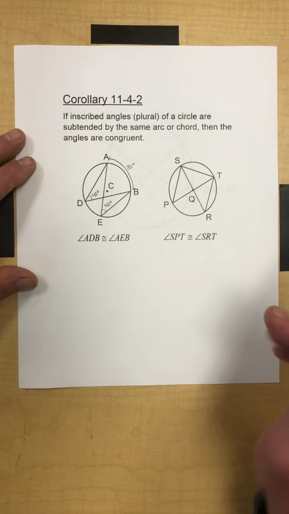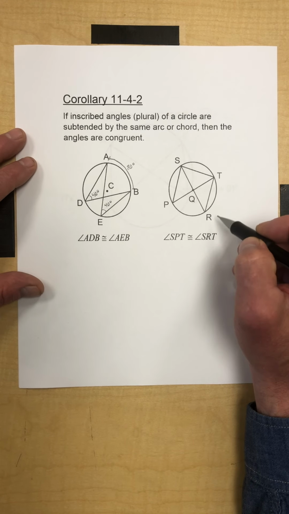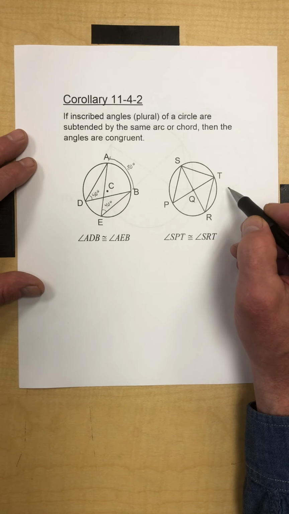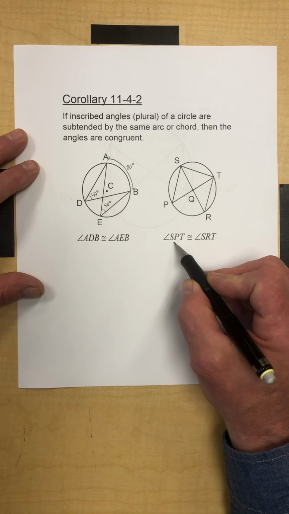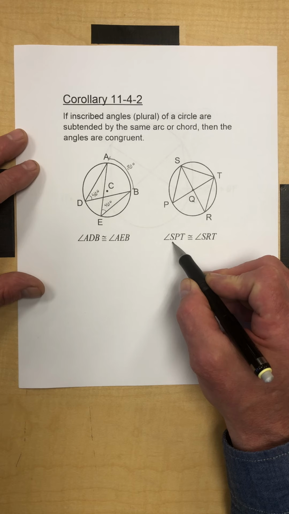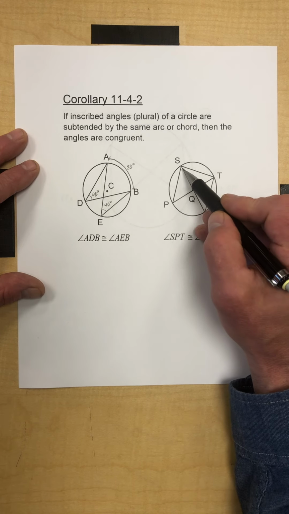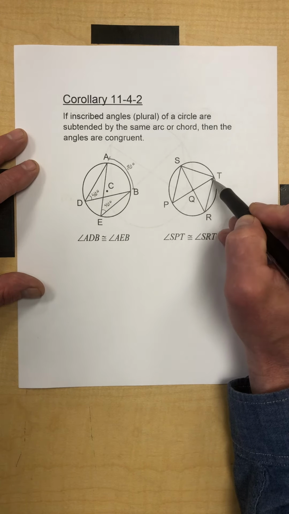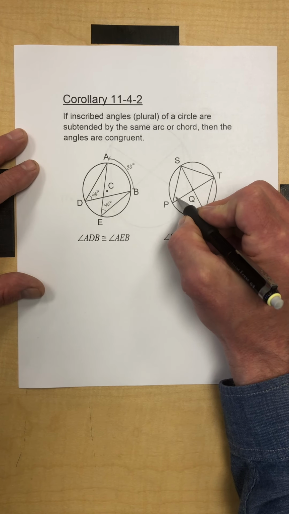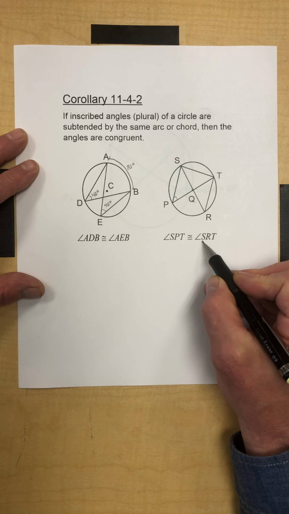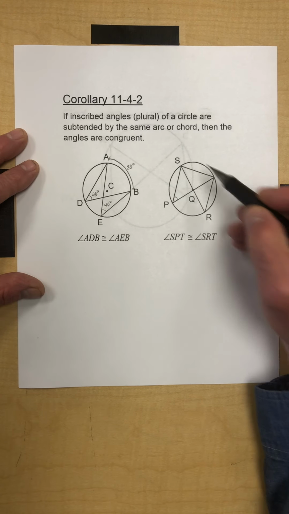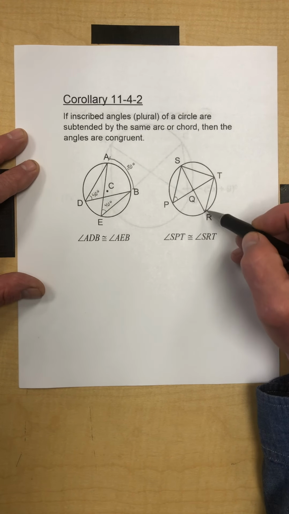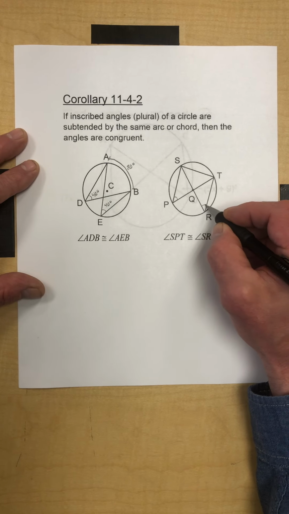It also works if you have angles being subtended by the same segment. For instance, if we have angle SPT, which again is an inscribed angle, angle SPT right here, and then we have angle SRT, which again is an inscribed angle, we have that guy right there.